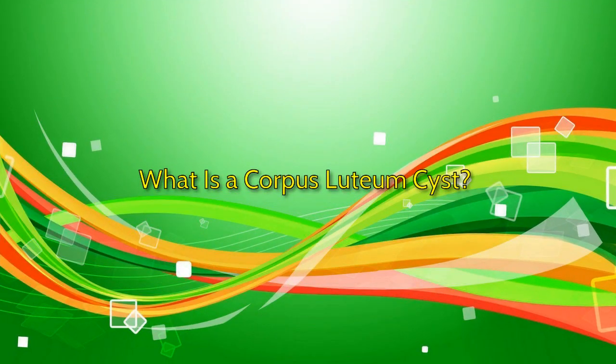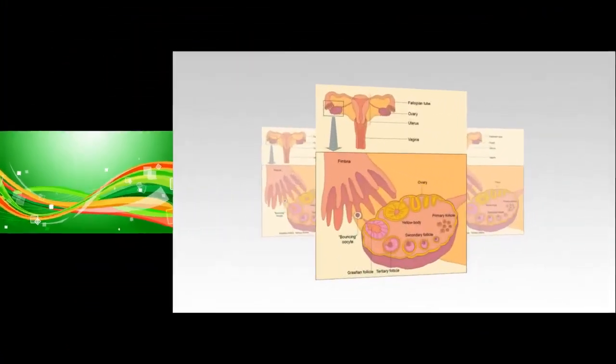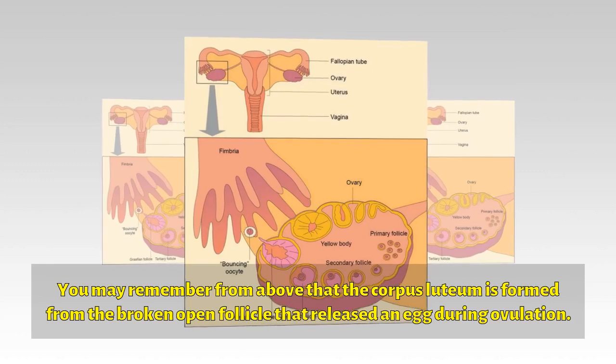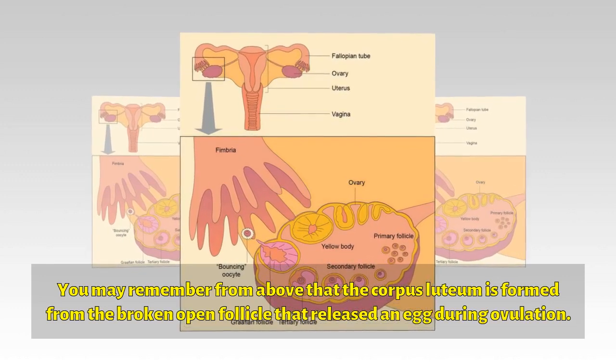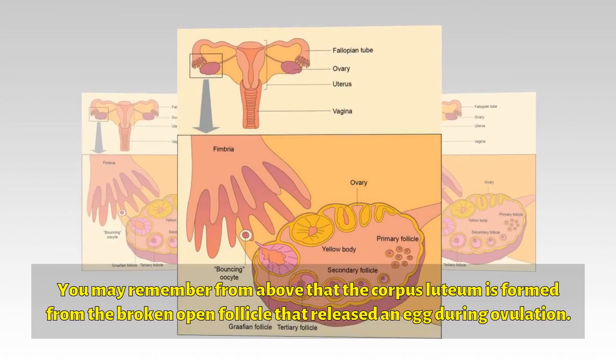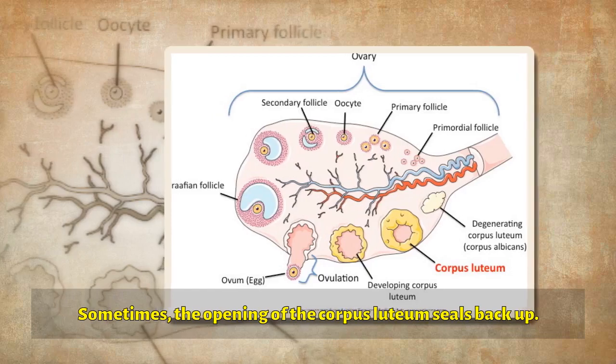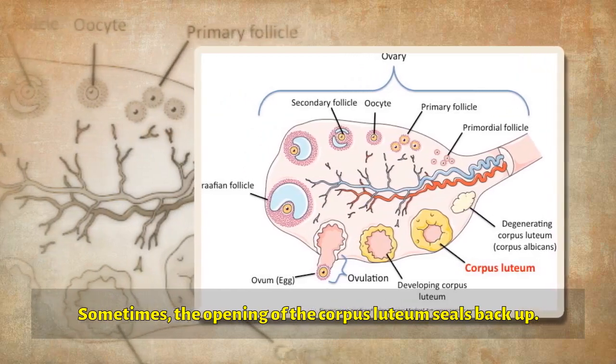What is a corpus luteum cyst? You may remember from above that the corpus luteum is formed from the broken open follicle that released an egg during ovulation. Sometimes, the opening of the corpus luteum seals back up.